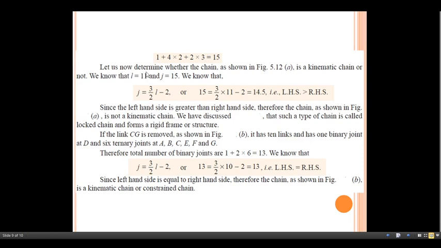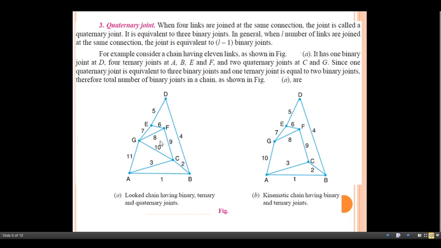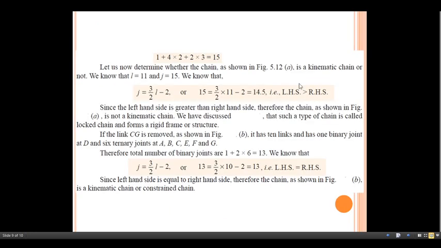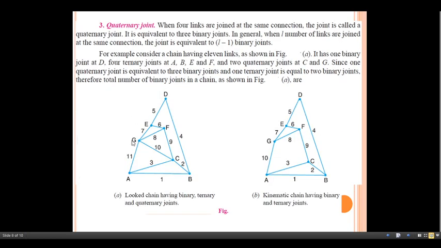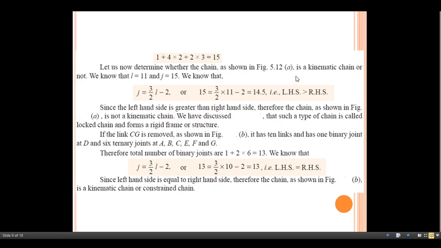Let us now determine whether the chain shown in figure A is a kinematic chain or not. First of all, get the information regarding the number of links. The number for every link is given here. The total number of links is 11, and the number of joints is 15 after analysing the binary, ternary, and quaternary joints.